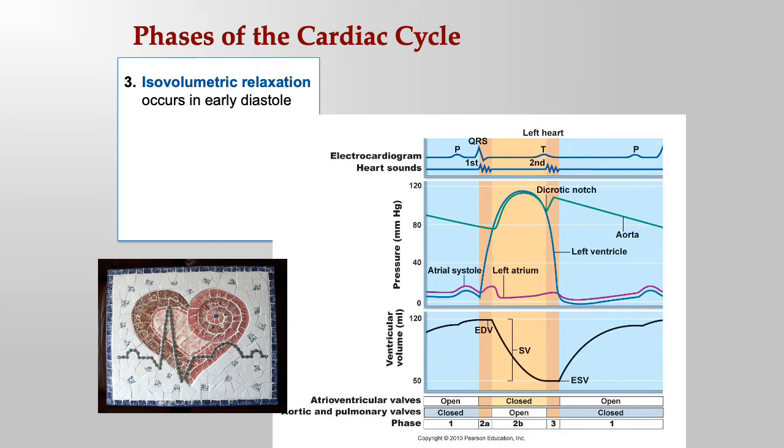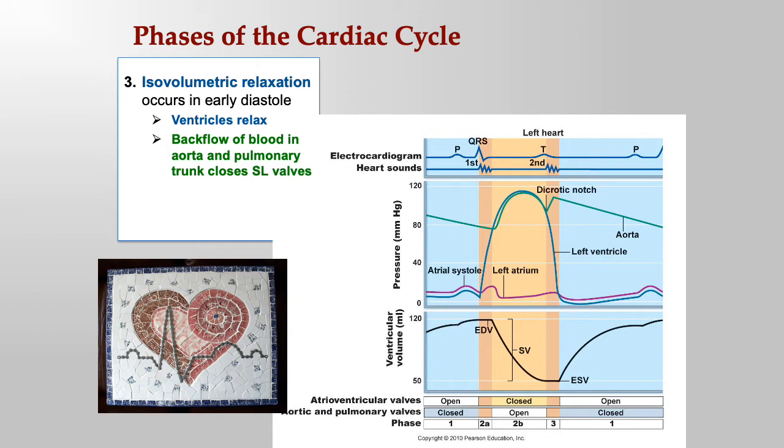So isovolumetric relaxation occurs in early diastole, then the ventricles relax. Backflow of blood in the aorta and pulmonary trunk closes the SL valves. So during ventricular systole, we force those SL valves open, we force blood out, and then remember in the aorta, some of the blood will make it over the hump, but the rest of the blood won't, all right?